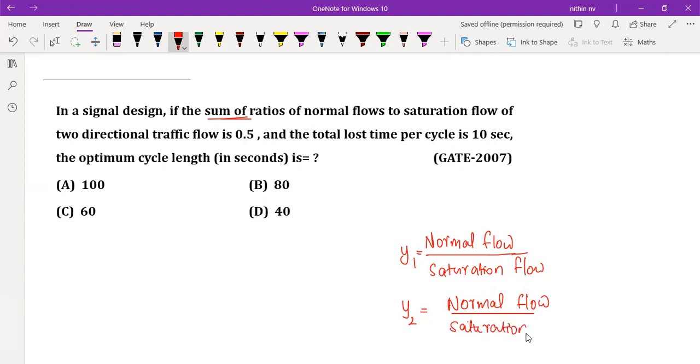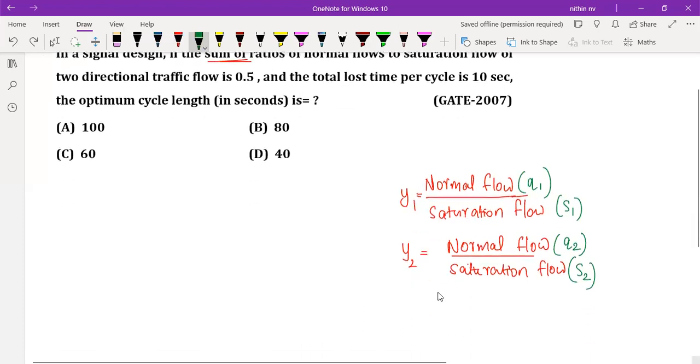So like this, so many ratios I will be having. Suppose this normal flow is Q1, then this may be S1, and this normal flow will be completely different from the first normal flow. I can keep it as Q2, and this is S2. So this saturation flow and this saturation flow are different. Similarly, we are having multiple small y values, these ratios.